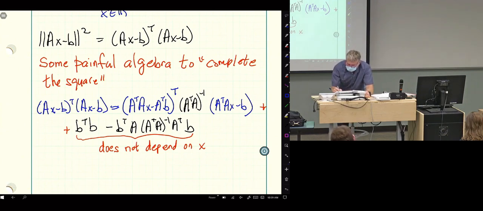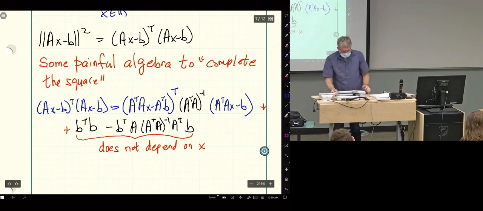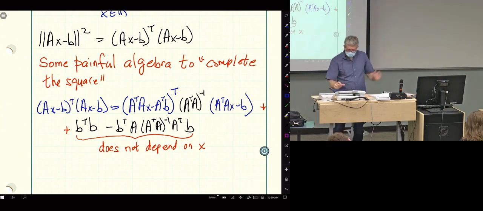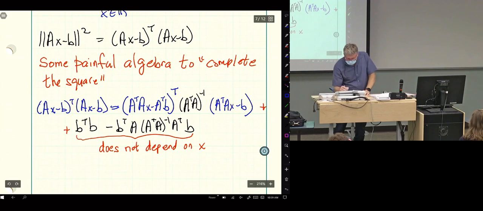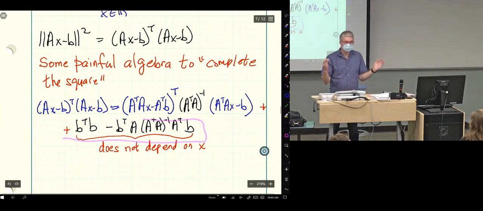So you're choosing x to make everything here, you're trying to make this plus this as small as possible. I don't care what x you change, this is just a constant. It's just sitting there.